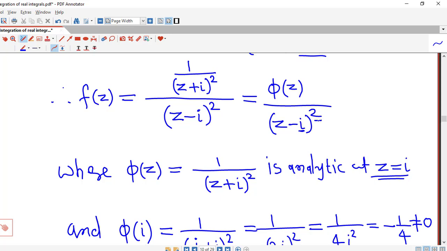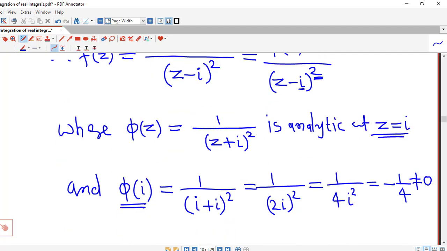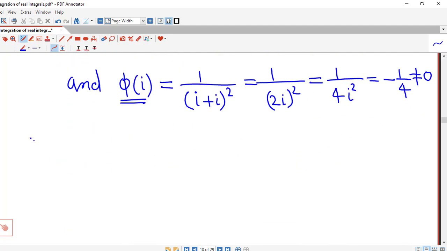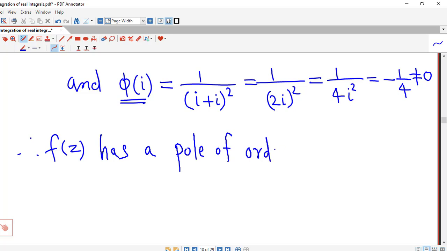Because we have a square here, we can say that f of z has a pole of order 2 at z equal to i. Therefore f of z has a pole of order 2, or we can say a double pole. A pole of order 2 is known as a double pole. A pole of order 1 is known as a simple pole.